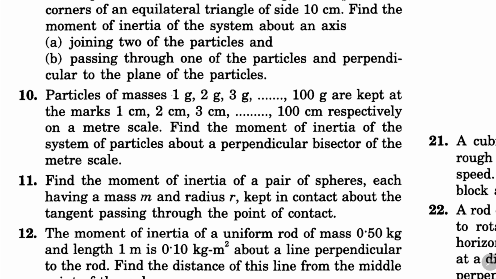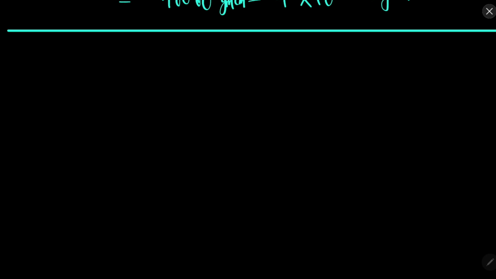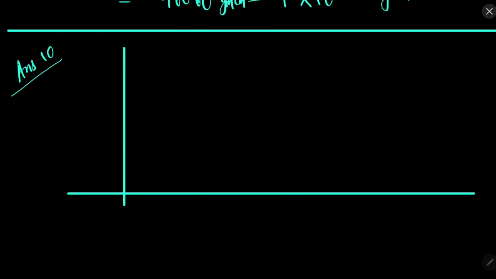Now in the 10th question we have particles having mass 1 gram, 2 gram, 3 gram, up to 100 gram, and they are kept at distances 1 centimeter, 2 centimeter, etc. respectively on a meter scale. So we need to find the moment of inertia of the system about the perpendicular bisector of the meter scale. So the situation is, so let's say 1, 10, 20 and so on.